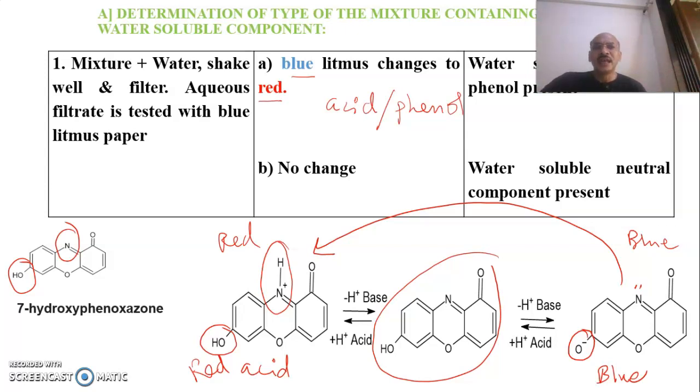How to perform it in a laboratory, you see. The mixture is taken, water is added, shaken vigorously, filtration is carried out, the filtrate is collected in a test tube and treated with blue litmus paper. That blue litmus paper changes to red.